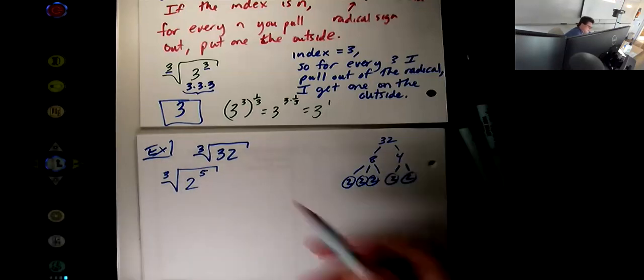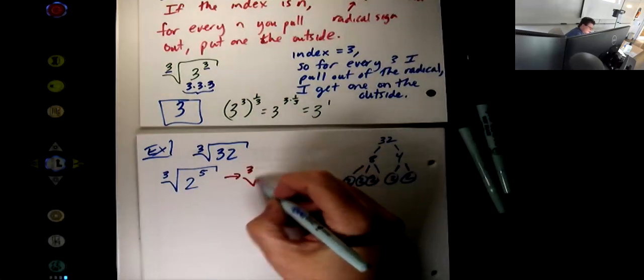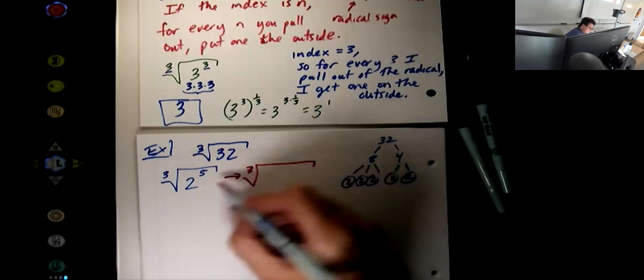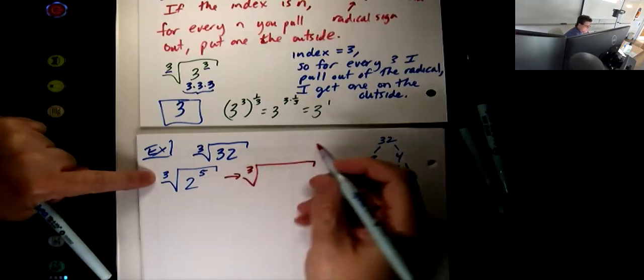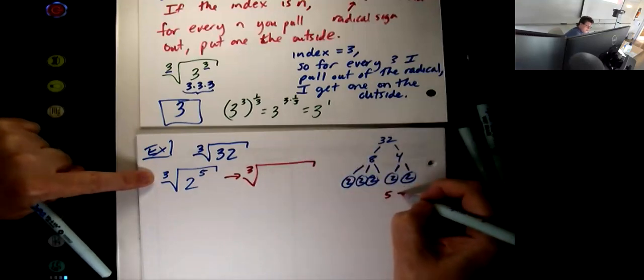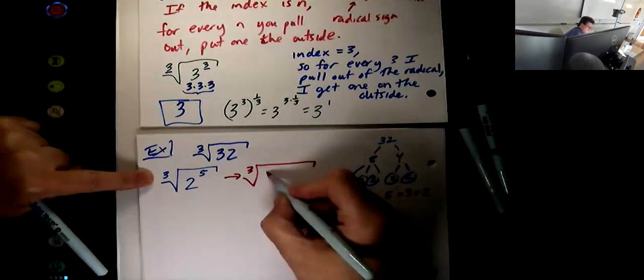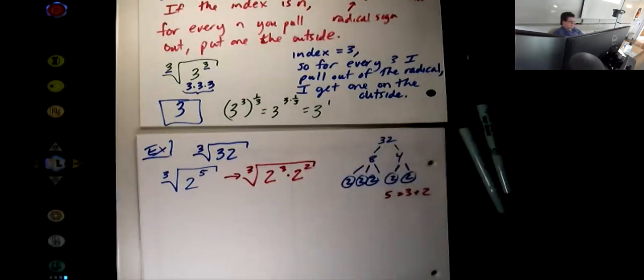While this next step is optional, I'm going to show it for those that like to use it. I can break that 5 up in groups of the index outside. So I'm going to break it up in groups of 3. So 5 is 3 plus 2. So I'm going to have 1 as 2 to the 3rd power, and then 1 2 to the 2nd power.